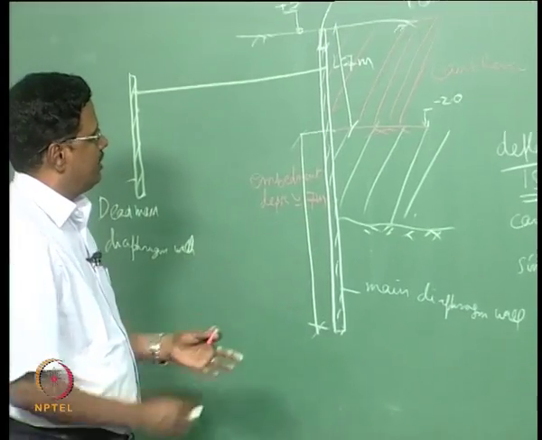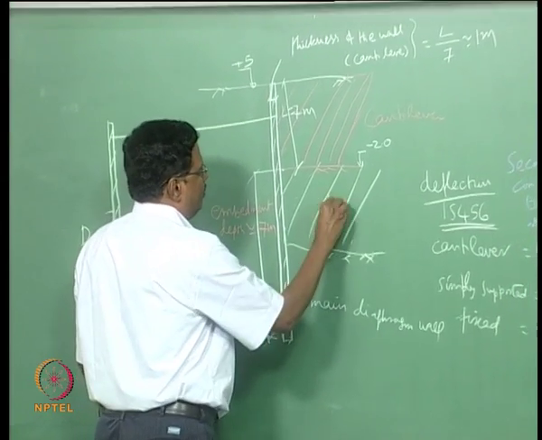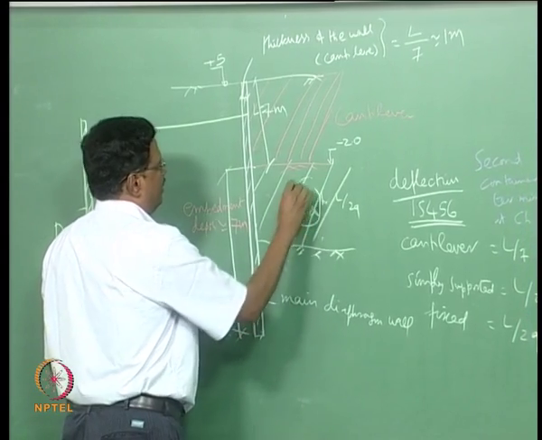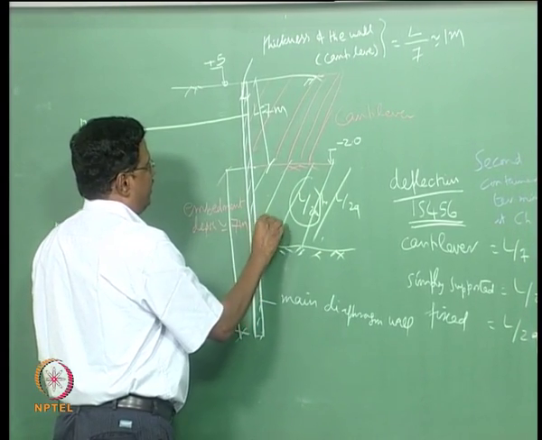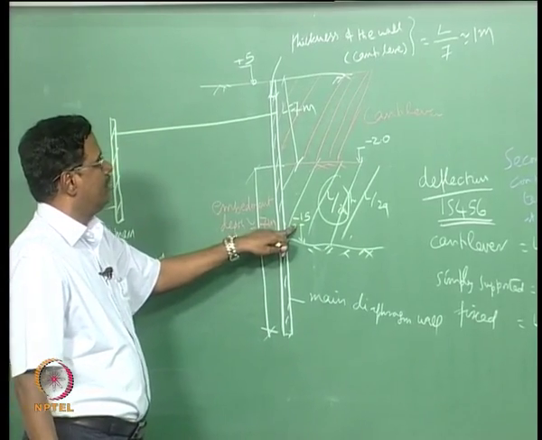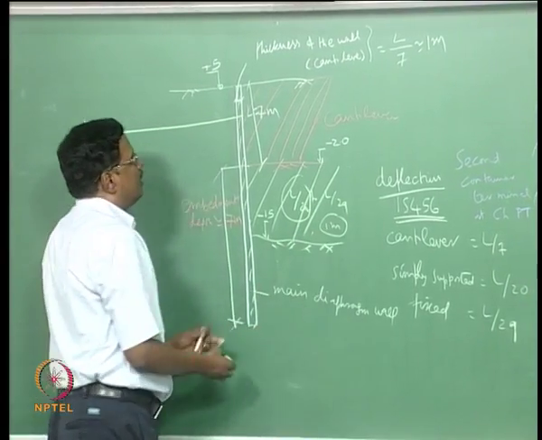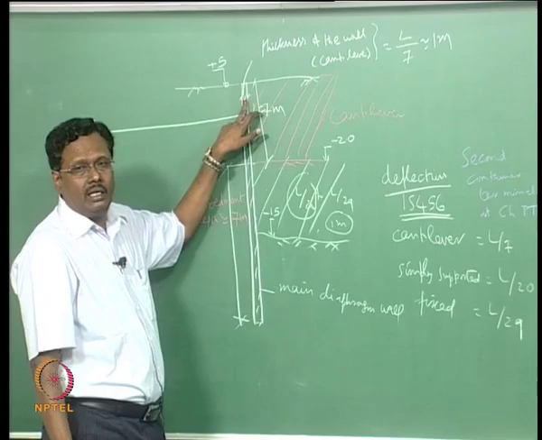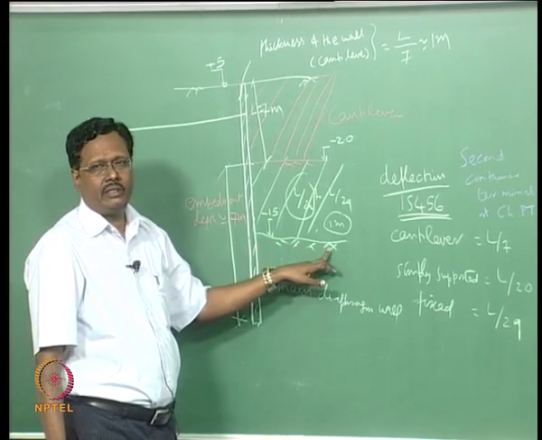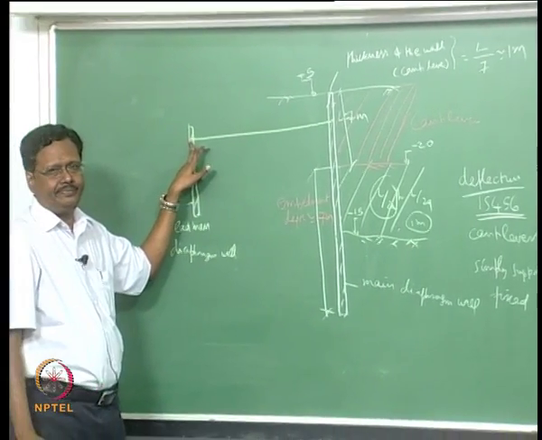But when you go for this case, this will be in between L by 20 to L by 29. Suppose we take L by 20 and this distance we take as minus 15. So, this is 5 meter, this is 15 meter. So, this is 20 by 20, this also is 1 meter. So, the same 1 meter thickness you can provide for the diaphragm wall even if the dredge level is minus 15, provided you supply an anchor, right.